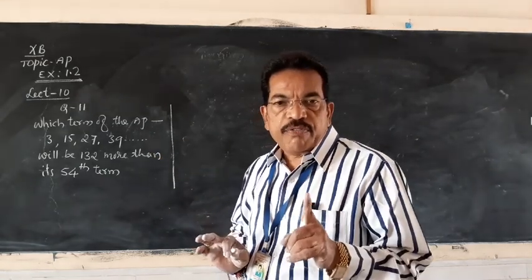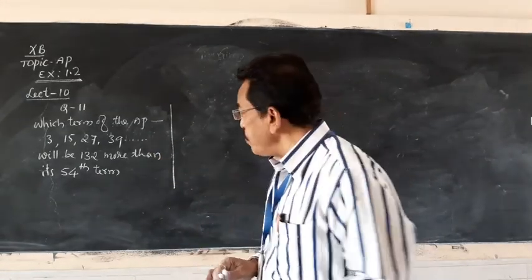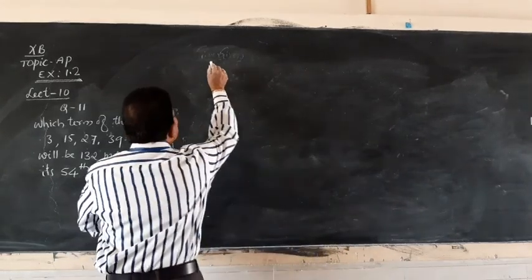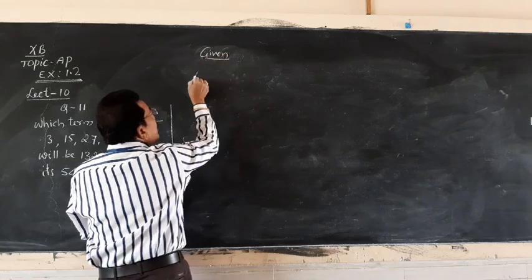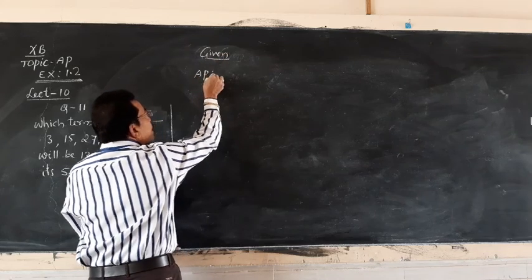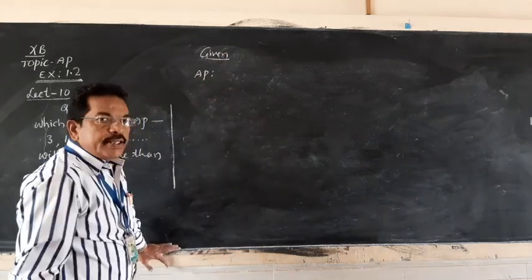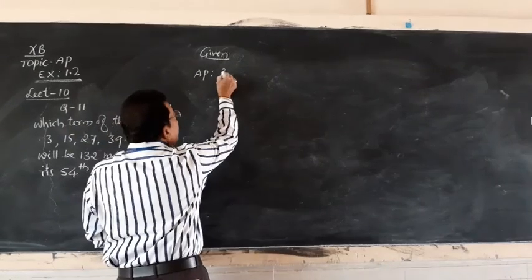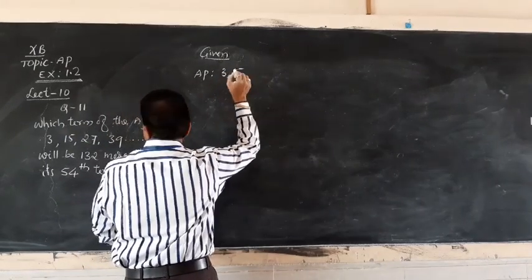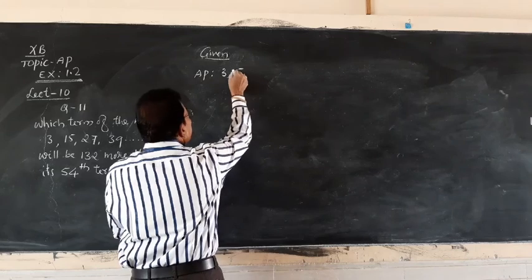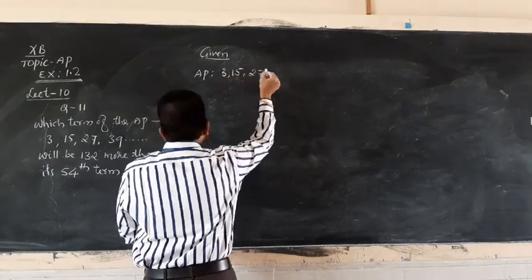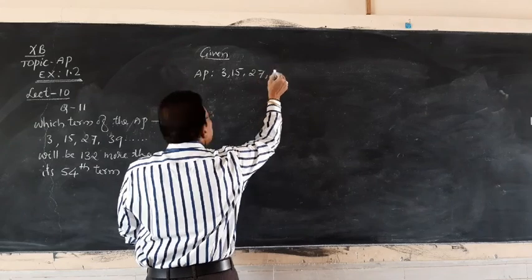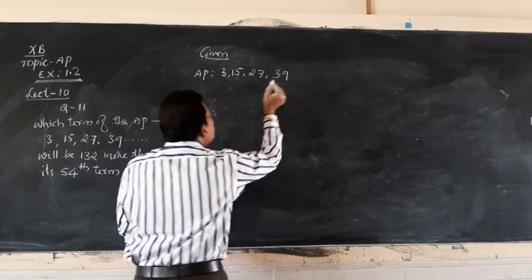Let us first find the value of the 54th term. Given the AP 3, 15, 27, then 39.